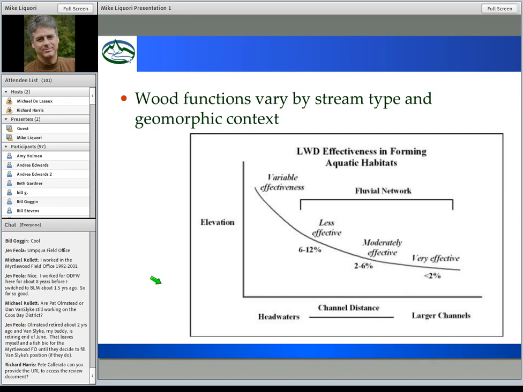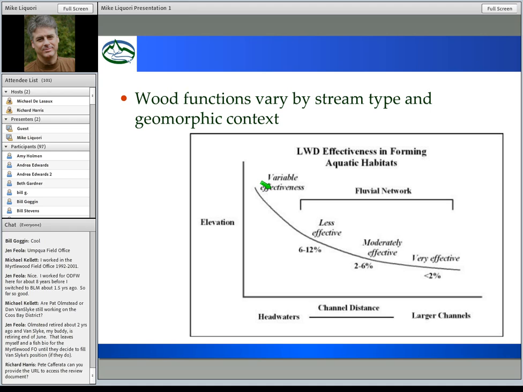So what we see here is that as you go from your headwater systems, you generally have a variable effectiveness. These channels tend to be confined, so they tend to be steep. They tend to have very steep side slopes or hill slopes that go down into the channel.